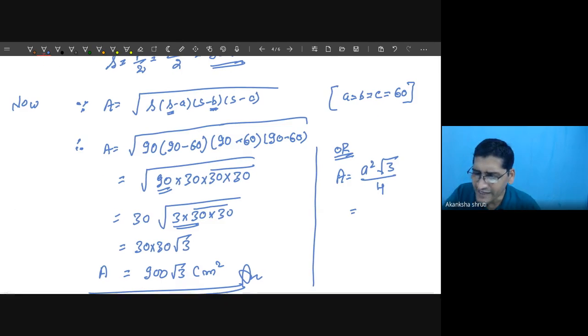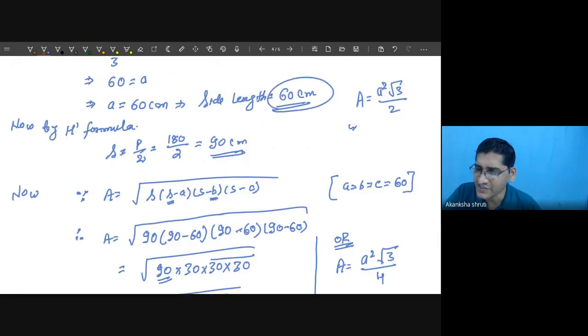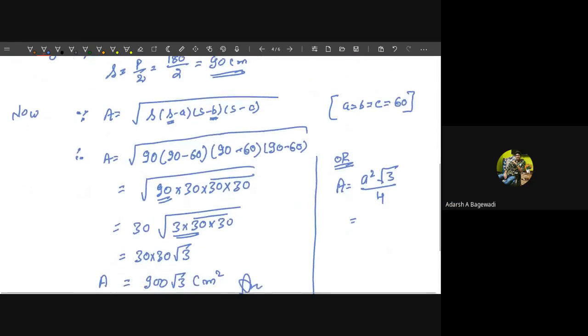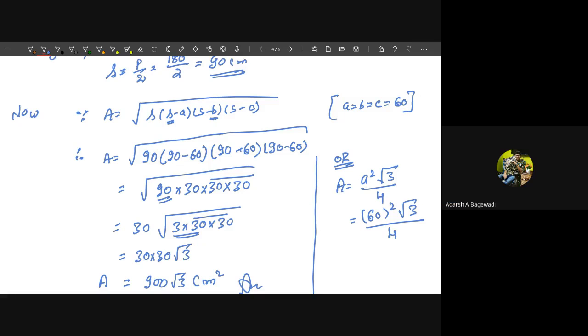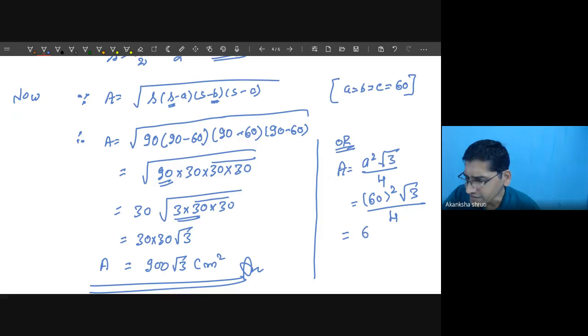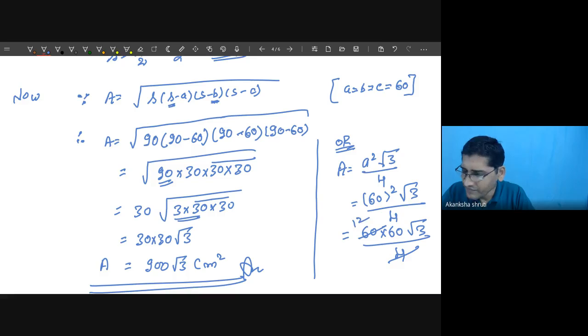Here A we have calculated as 60. Is it okay? I can substitute this 60 squared here, root 3 by 4, divided by 4. So it is like 60 into 60 into root 3 by 4. You can cancel any of this. So it is like 15.